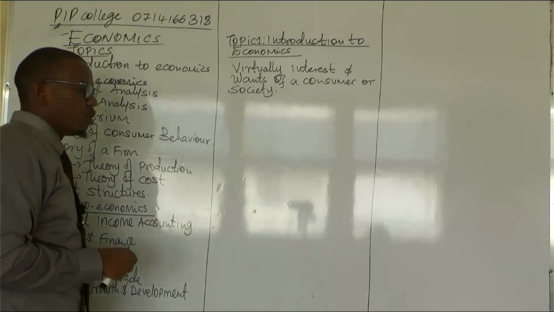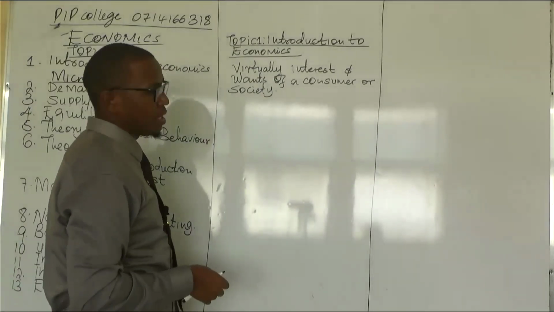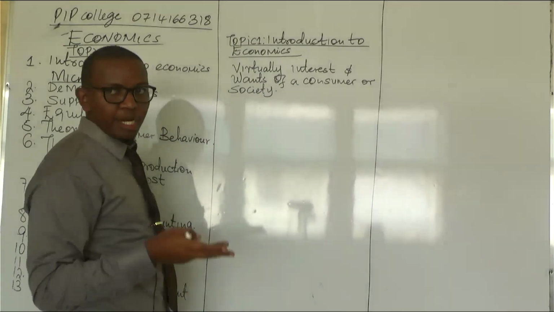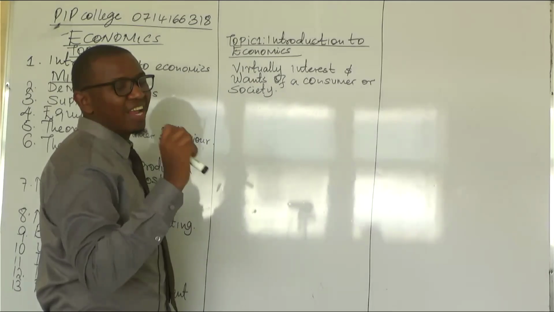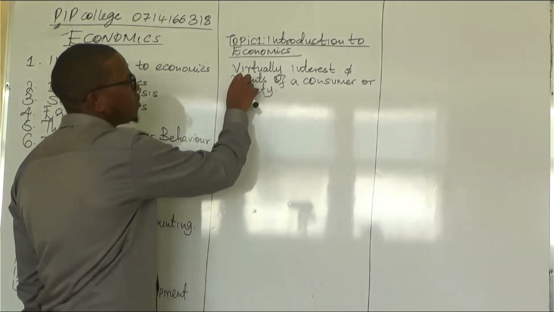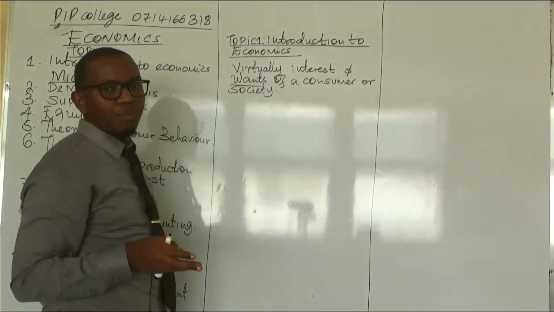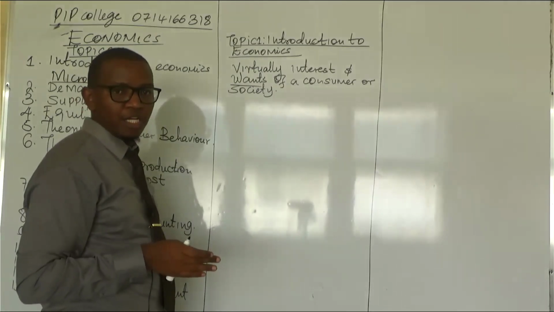That is what we mean in this case when we talk about economics. Generally, it is dealing with the generation and allocation of scarce resources among the competing needs of an entity.